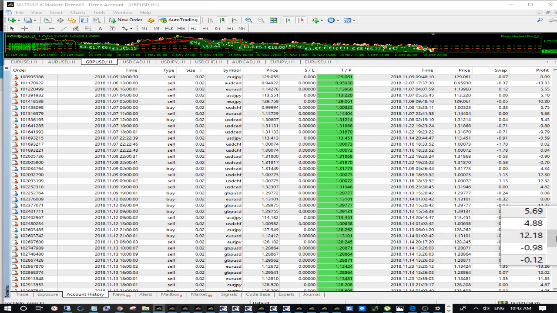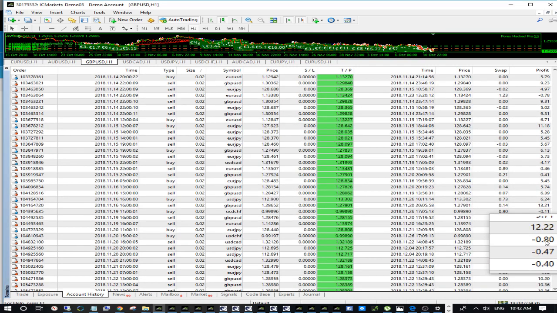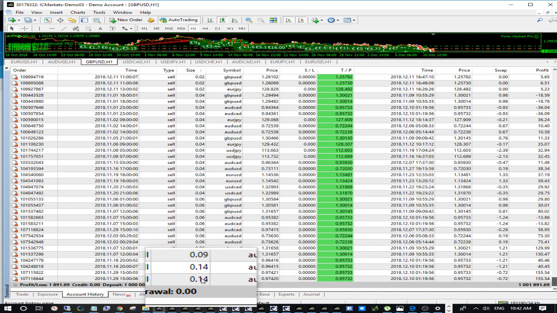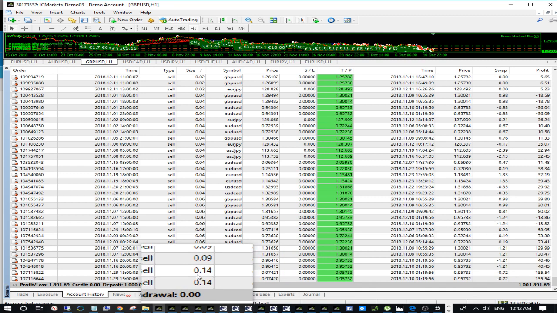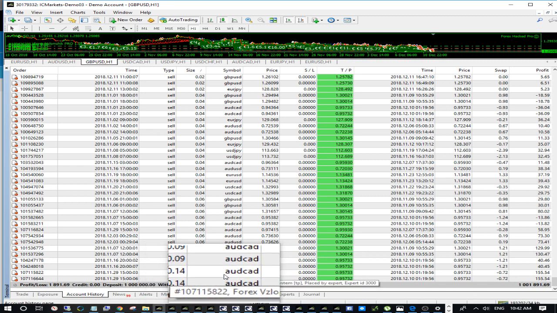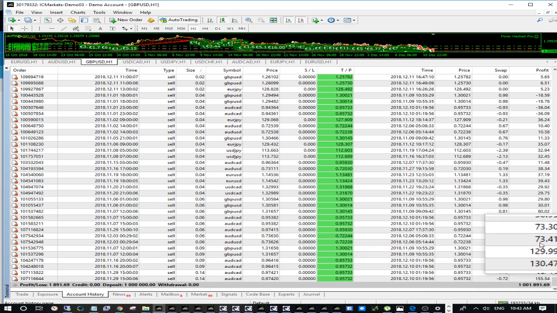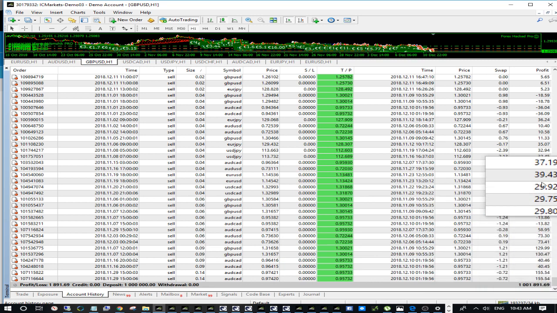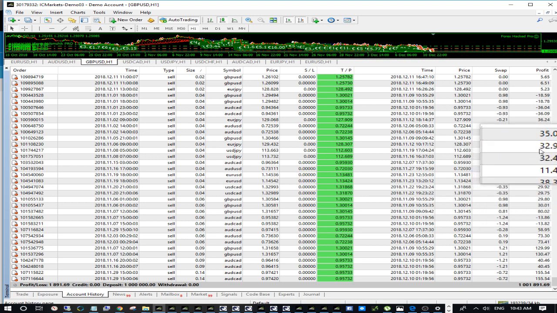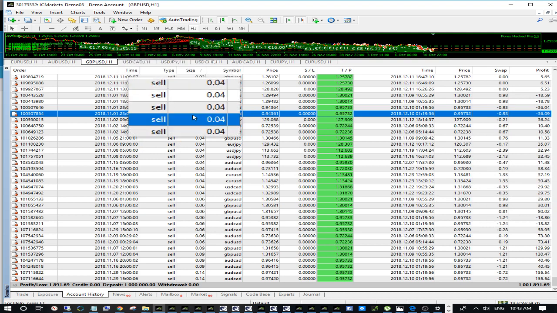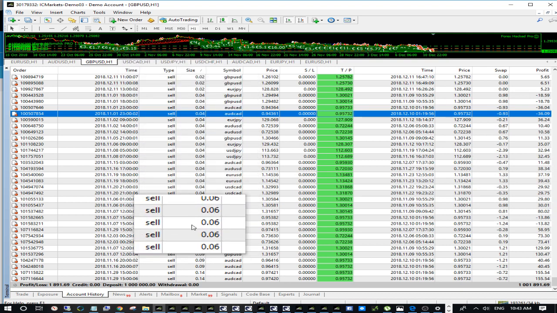As I scroll down to the lowest point, we can see that one of the biggest lot sizes was actually a 0.14 on the Australian dollar, Canadian dollar, and that amounted for about 155 euros in profit. So these types of profits and losses you can expect with these types of contract lot sizes.